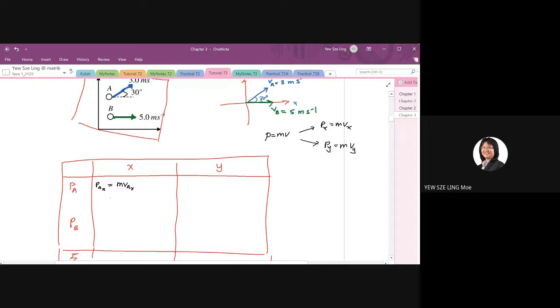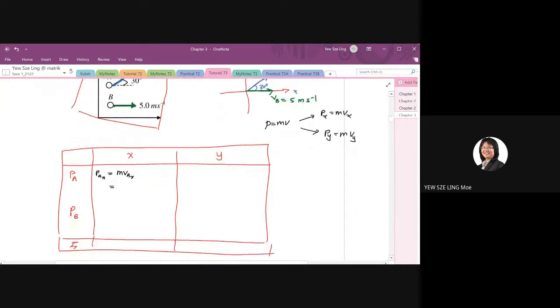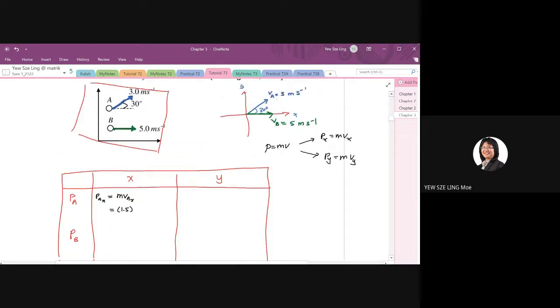So what is the mass for object A? Object A is 1.5 kg. Now, what is the value of vA? vA is 3 meters per second. Now, 30 degrees is above horizontal. Therefore, for the x component, 3 cos 30 degrees.